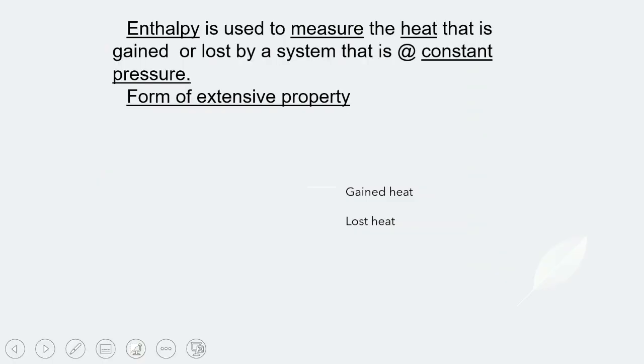Okay. So enthalpy is used to measure the heat that is gained or lost by a system at a constant pressure.